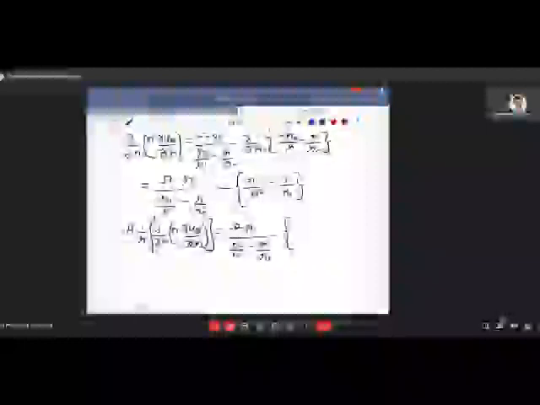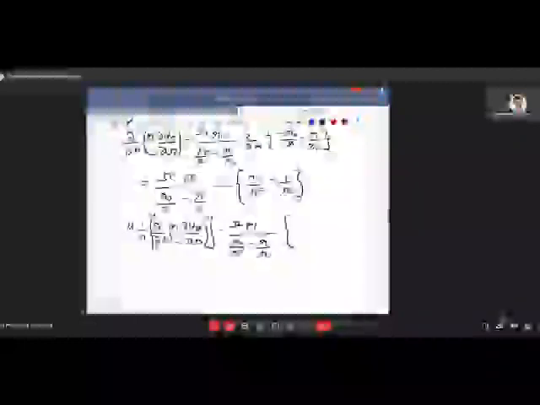And that will be equal to, just divided with an r over here, you get rho/r³ minus 1/r times rho.